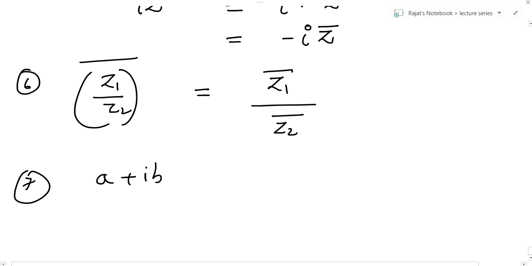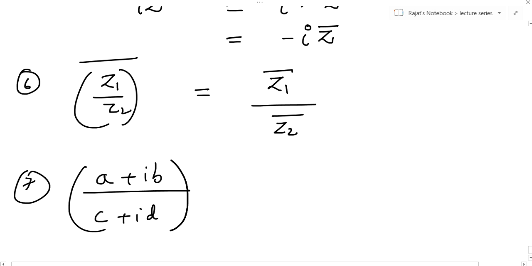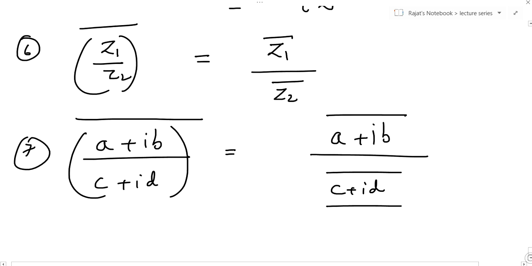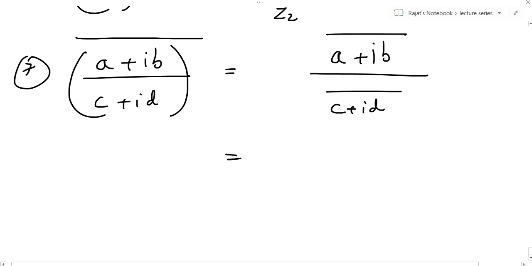Suppose there is a complex number a plus ib upon c plus id, and I want to find the conjugate of this entire complex number. I will distribute: a plus ib conjugate divided by c plus id conjugate. So the real part will not change, the conjugate of a plus ib will be a minus ib, and similarly the conjugate of c plus id is c minus id.